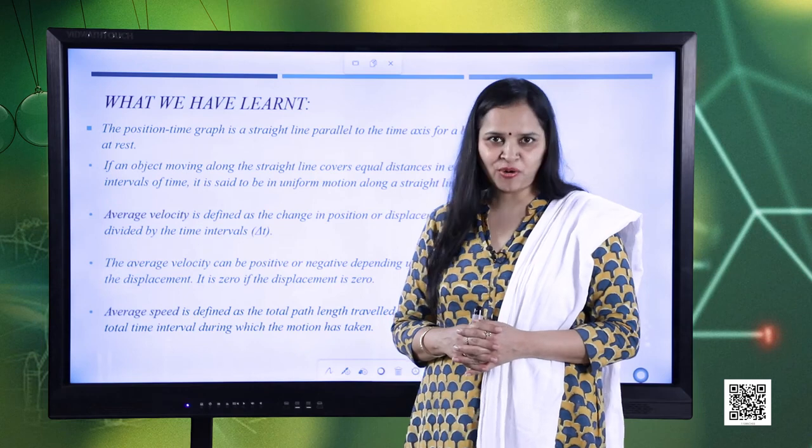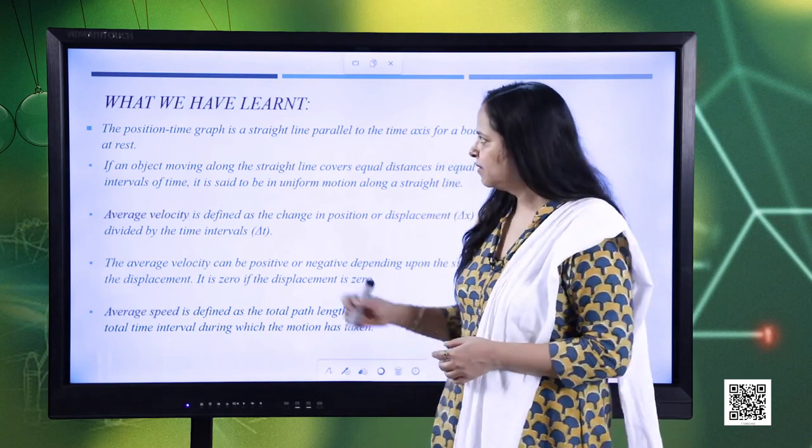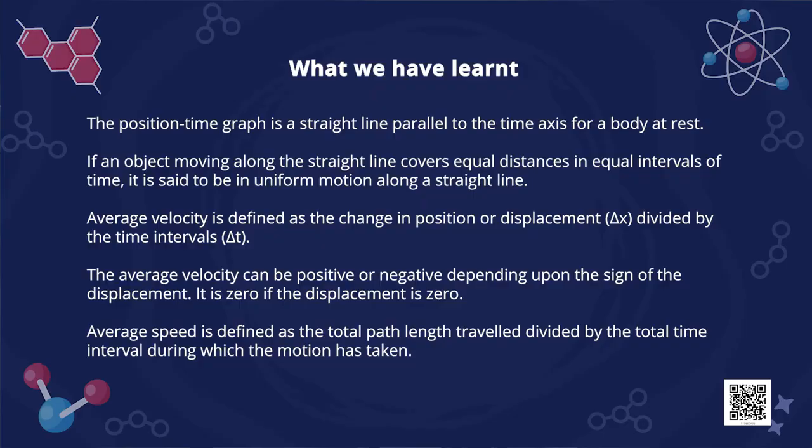Now let us recall what we have learned today. We have learned that the position-time graph is a straight line parallel to the time axis for a body at rest. If the object is moving along a straight line and covers equal distances in equal intervals of time, it is said to be in uniform motion along a straight line.